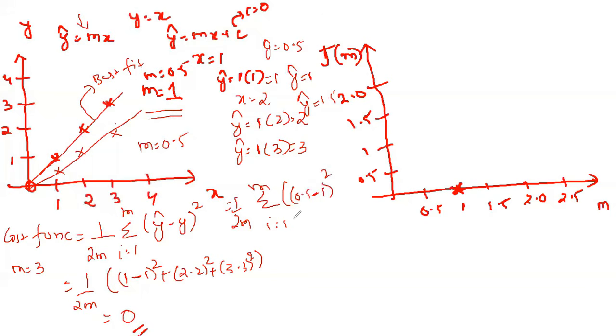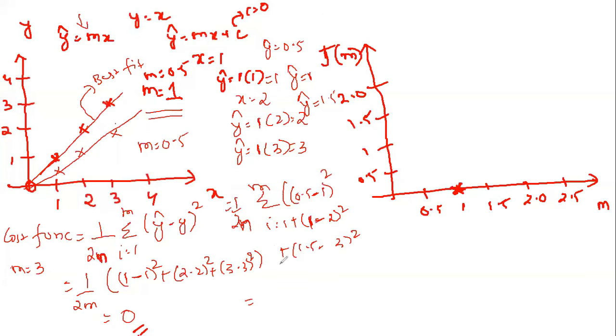It was 1 whole square plus, similarly you'll do it for 1 minus 2 whole square plus 1.5 minus 3 whole square. So you just equate in this particular equation, place the m value as 3, and m basically means over here m is nothing but, or you can just write it as n if you are getting confused. Okay, so n is basically the number of points.